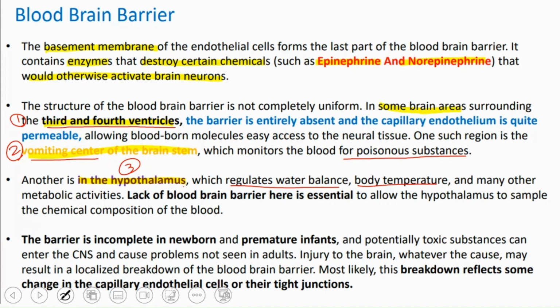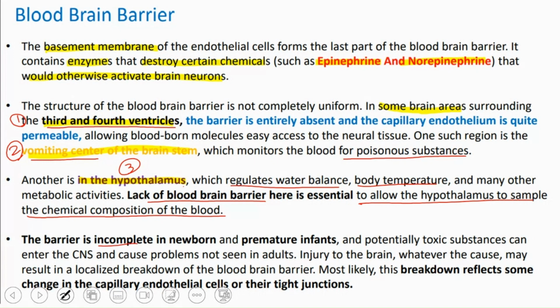So we need the hypothalamus to be also sensitive, to sense for any chemical compositions within the blood. That's why we don't need a limit here. We don't need a limit like the blood-brain barrier. So it's important that the hypothalamus lacks the blood-brain barrier to allow the hypothalamus to sample the chemical composition of the blood and act accordingly.